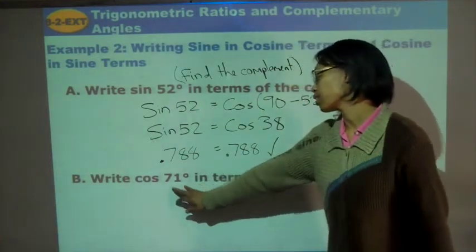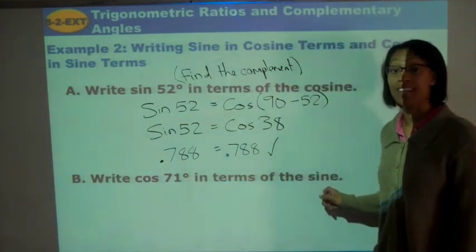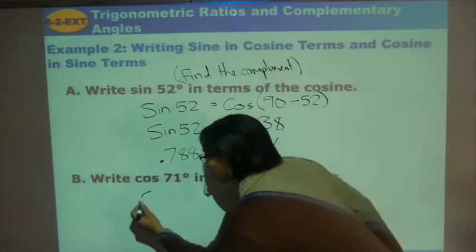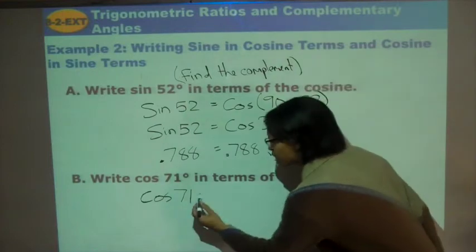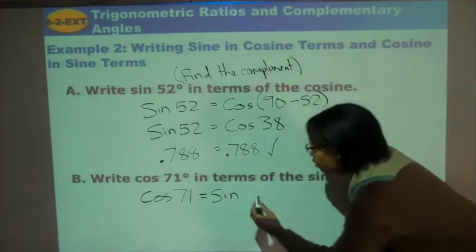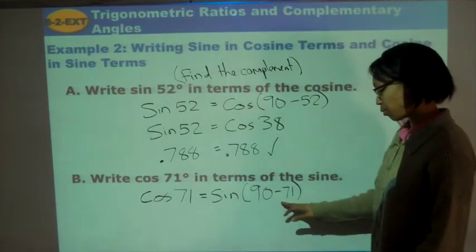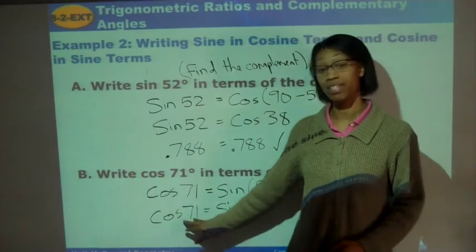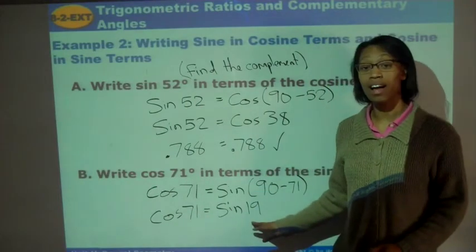Let's write cosine 71 in terms of sine. The cosine of 71 is going to equal the sine of 90 minus 71, which is 19. So the cosine of 71 equals the sine of 19.